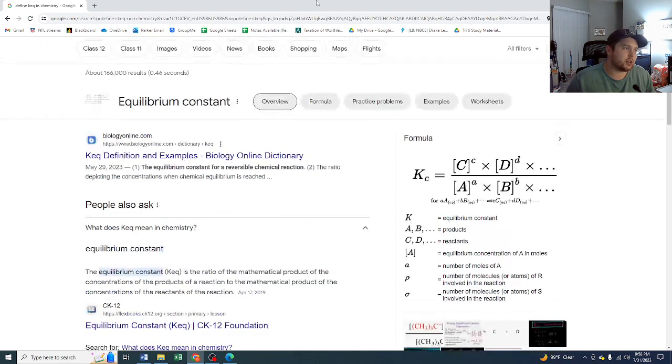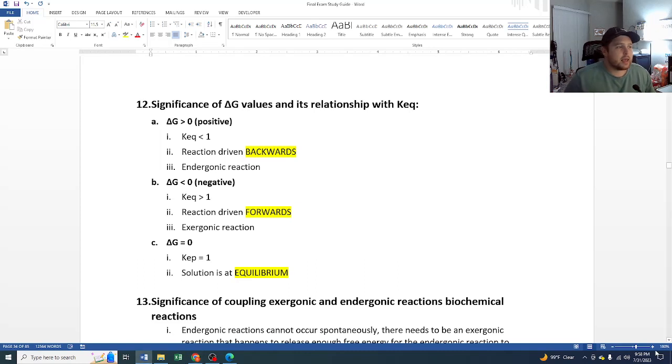So it's comparing those reactants and the products. So once we're at a KEQ of 1, that means that we are at equilibrium, and that's typically what our body will, most of the time, want to get to, an equilibrium point.